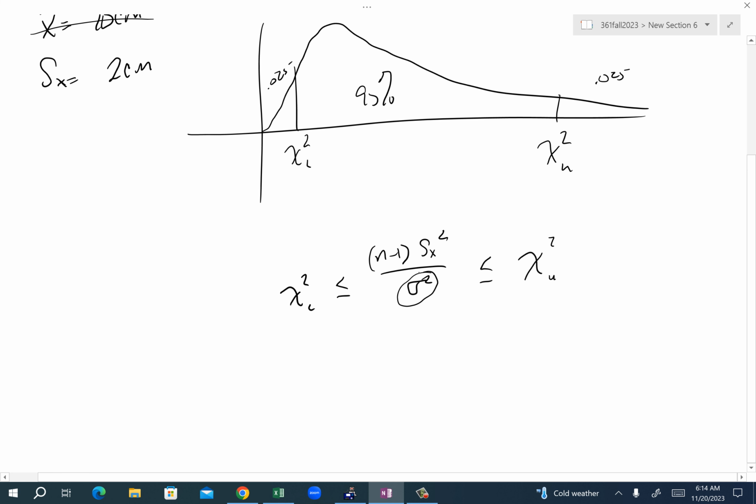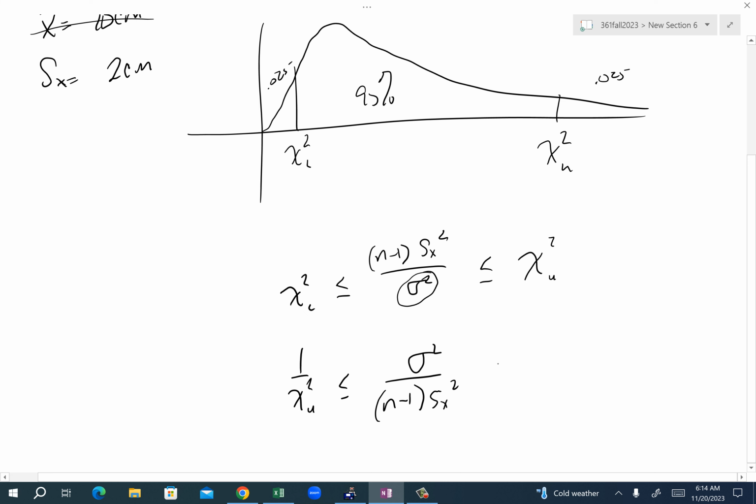So I'm going to flip everybody. But remember, if this was something like 9 and this was something like 7, when I flip them over, the arrows go the opposite direction, yes? Because 1/7 is bigger than 1/9. And so what's going to end up happening is 1 over chi-squared upper, and then in the middle, sigma squared over n minus 1, sx squared.